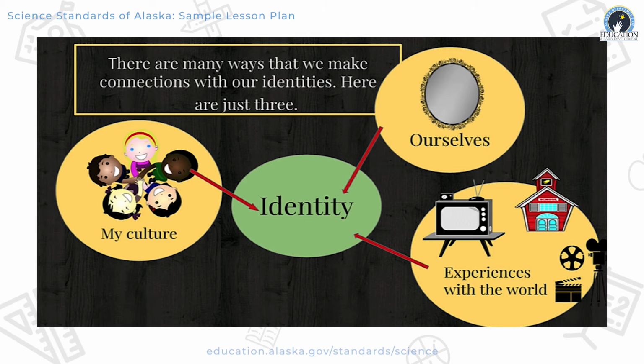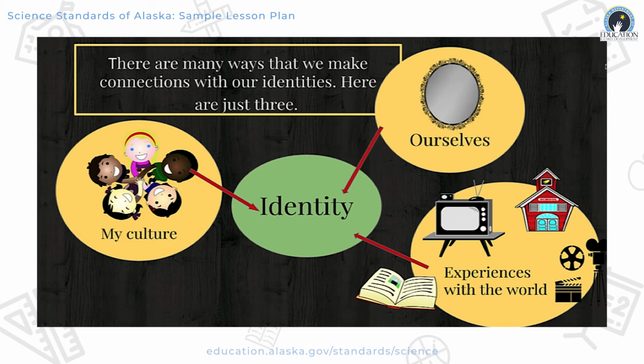And we can make connections to our identity by looking at ourselves in the mirror, by who we live with or where we've traveled. We also make connections to our identity based on the music we listen to, the schools we go to, the movies we watch, the games we play, even the internet TikToks and Snapchats that we share amongst friends.